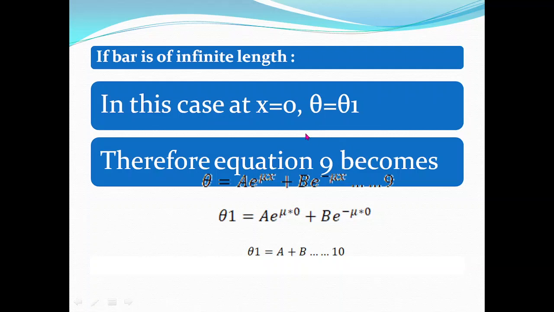Therefore equation 9, theta equals a e raised to mu x plus b e raised to minus mu x, gives theta 1 equals a e raised to mu into 0 plus b e raised to minus mu into 0. Now we know that something into 0 is 0 and e raised to 0 is 1, and therefore we get the relation theta 1 equals a plus b.